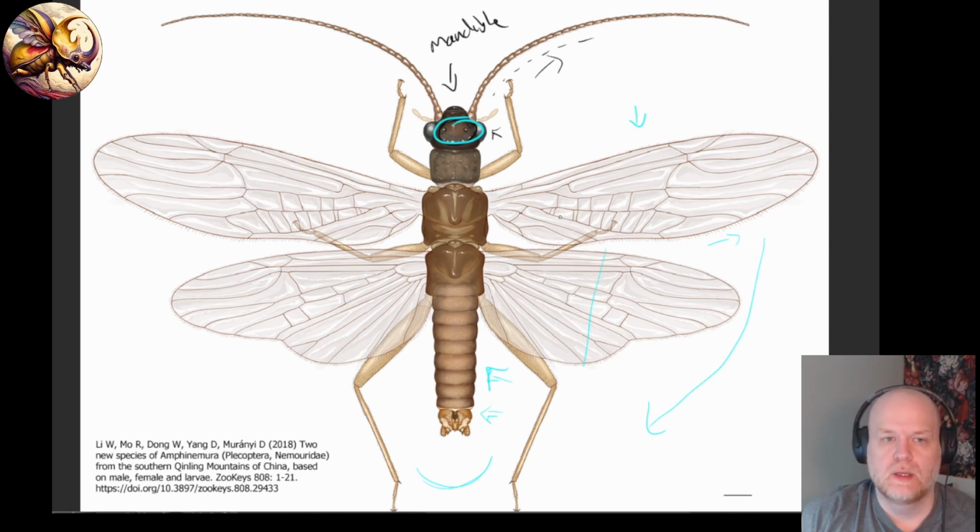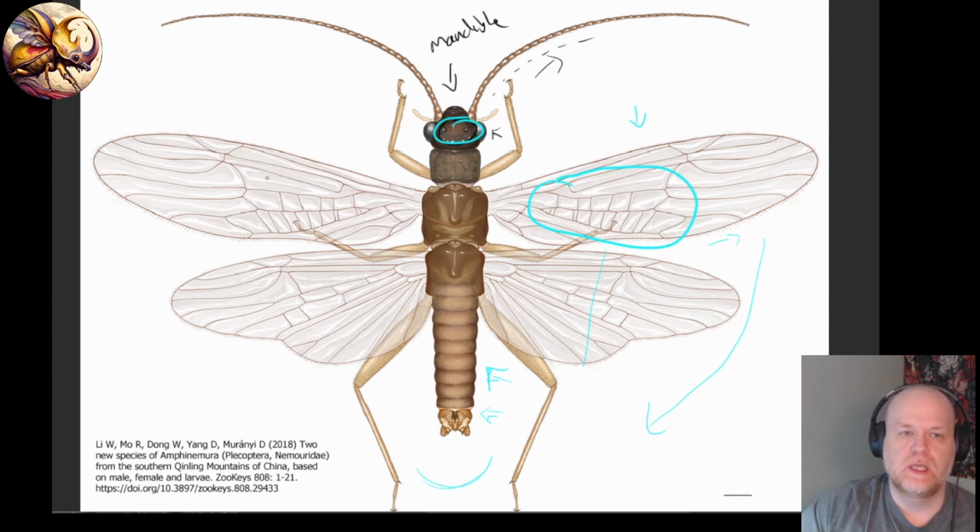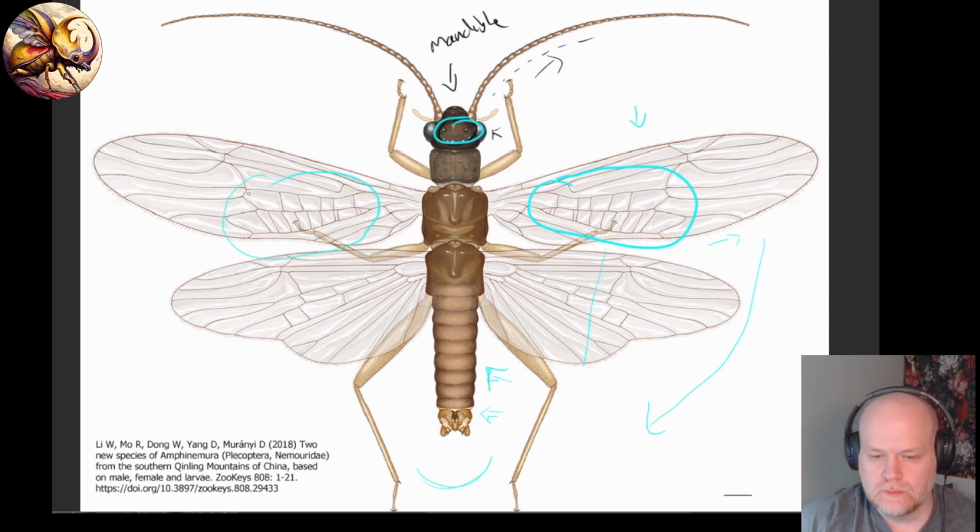Long legs, widely separated. The adults are partially recognizable because of this ladder-like pattern that you see here on their forewings, where you have many cross veins kind of lining up, so it kind of looks like a ladder. That's pretty unique for the group.